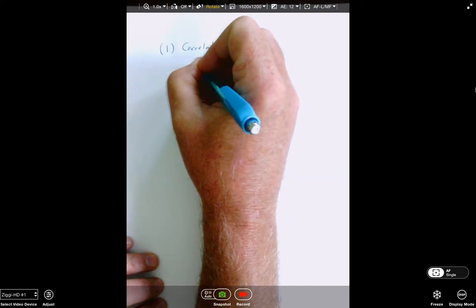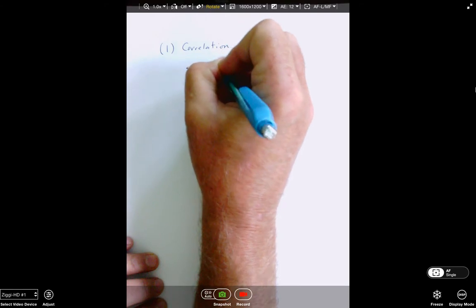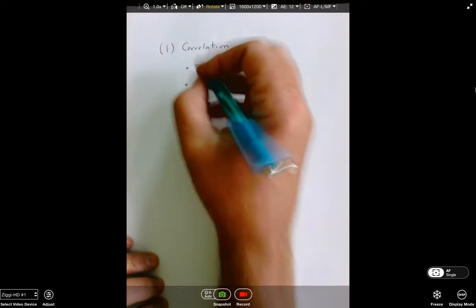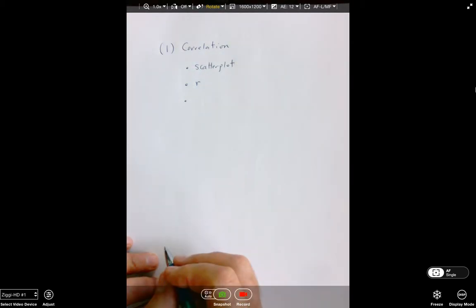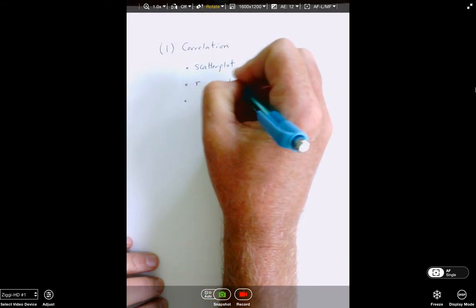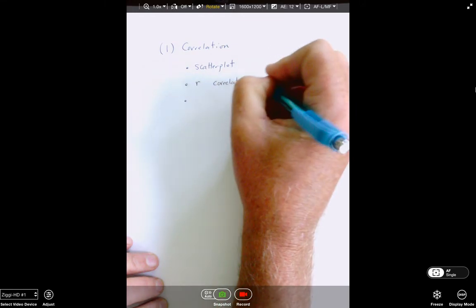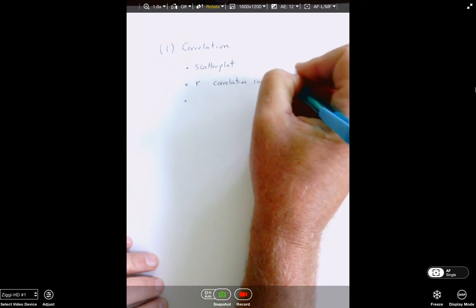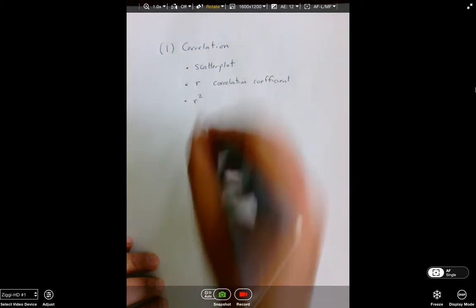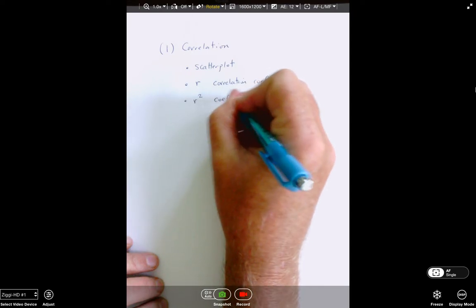We have a picture, which I'll teach you how to create in your calculator, and I'll teach you how to interpret those. So we get a picture called a scatter plot. The next thing we learn is how to calculate something called the correlation coefficient. And then we learn how to calculate something called R squared, which is the coefficient of determination.